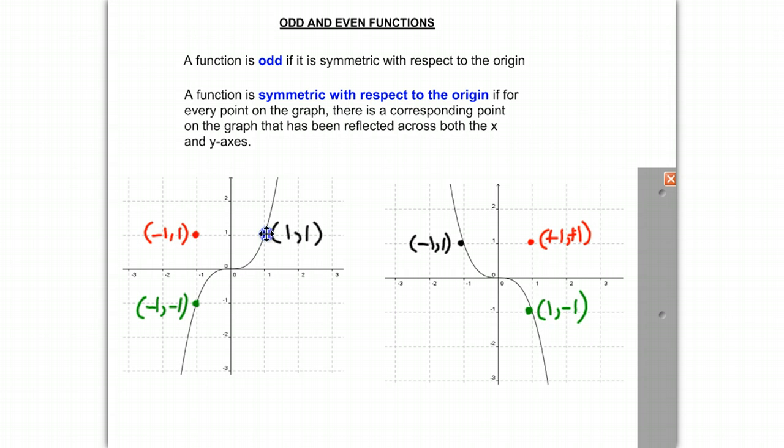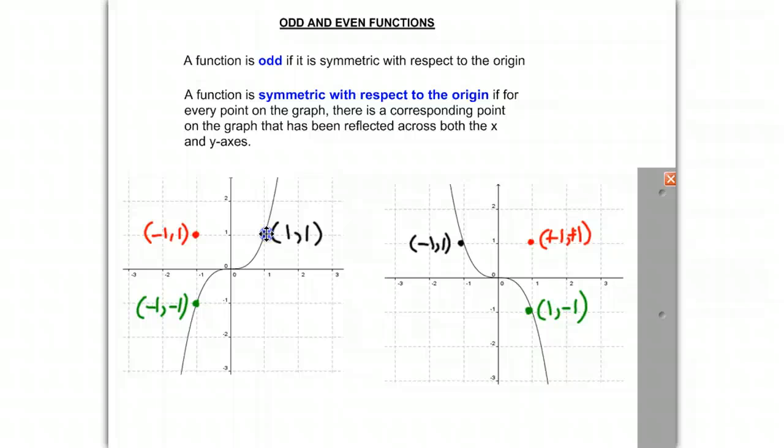And therefore, since after reflecting it across the y-axis and across the x-axis, it lands on the graph, then those 2 points are symmetric with respect to the origin. If that is true with all points on the graph, then we have a graph that is symmetric with respect to the origin. That is true with both of these graphs, and the functions represented by these graphs are considered to be odd.